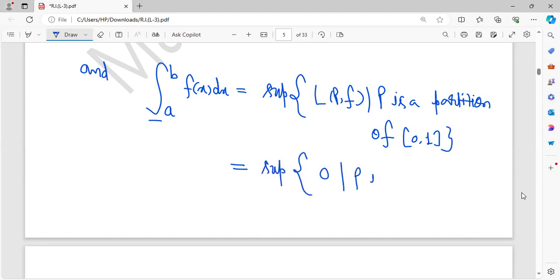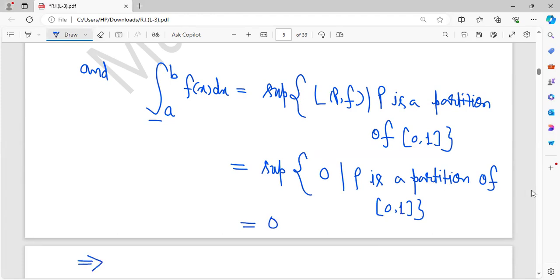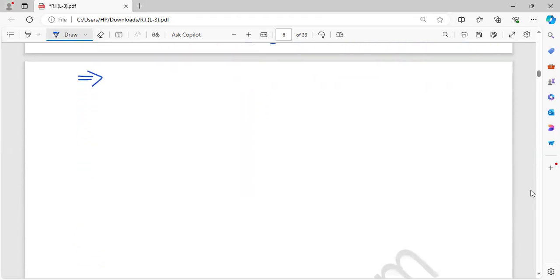You take any partition, L(P, f) is 0. Because you are taking the supremum and each value is 0, this is 0. So you have calculated the lower Riemann integral.